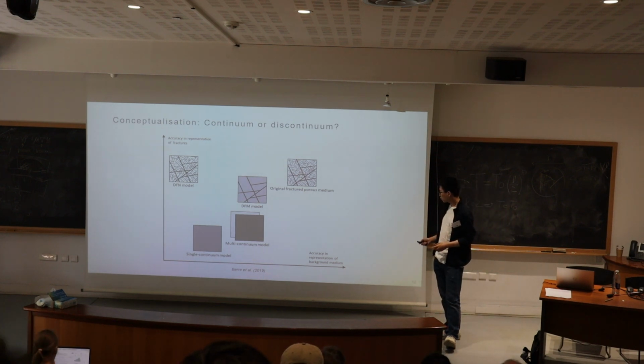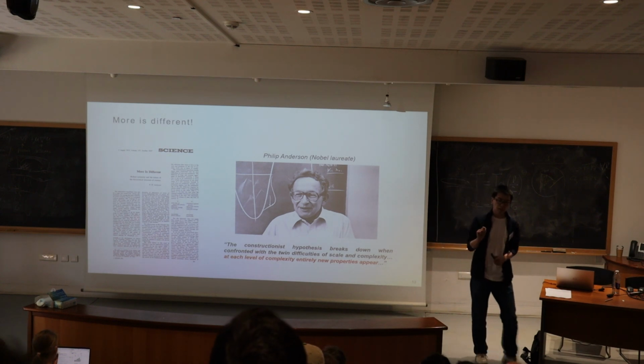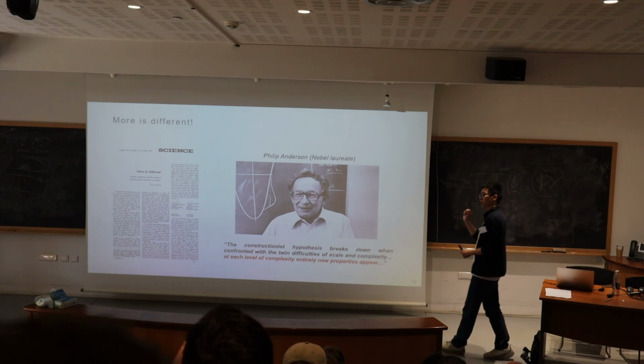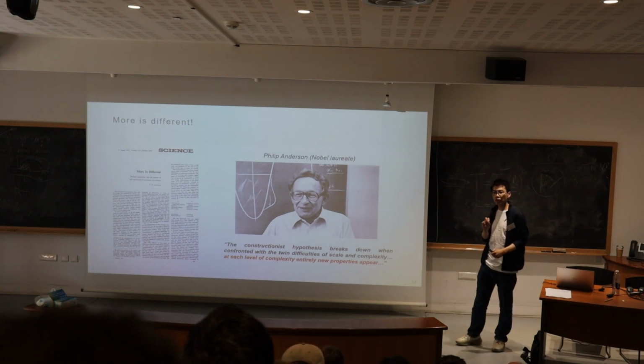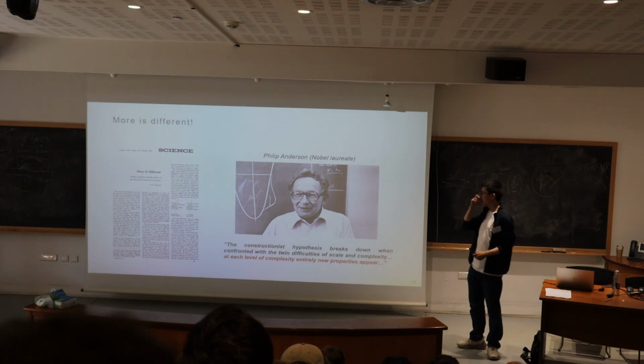However, I would like to say more about this: the difference between the discontinuum and the continuum model is not only about the quantitative accuracy, it's also about the qualitative difference.